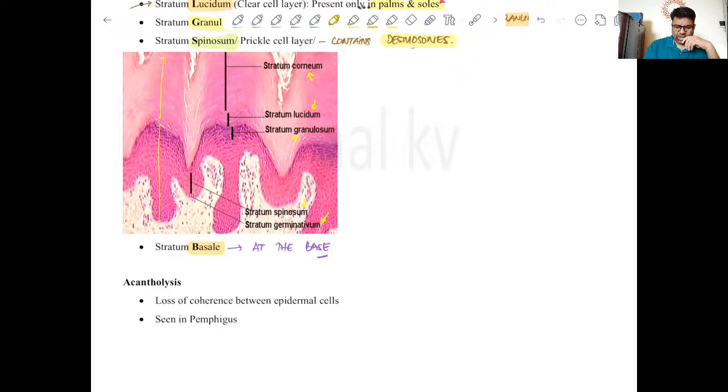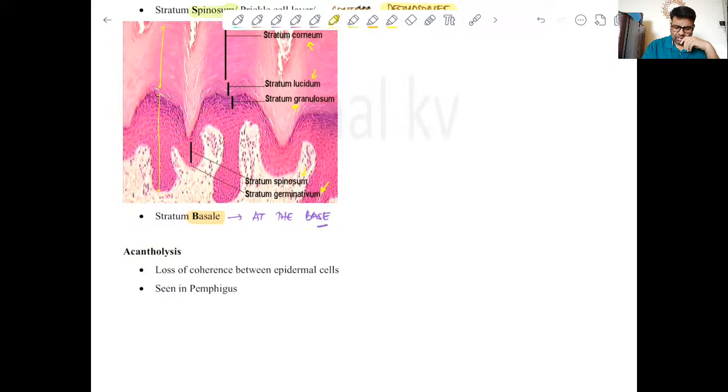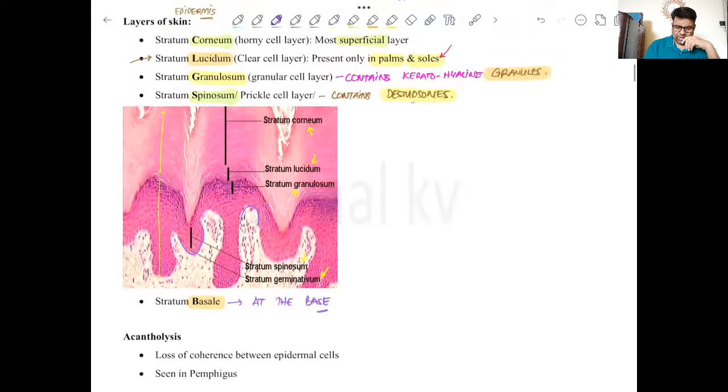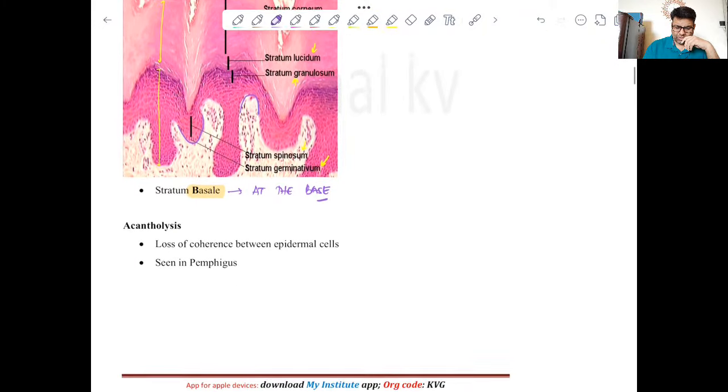Now why I am telling you like this, because when we take pemphigus, we will take this fact again. Clear? Now this part is known as rete ridges, and this is papillary dermis. So at times you might get these words. Anyway, these are the 5 layers of epidermis which one should know.